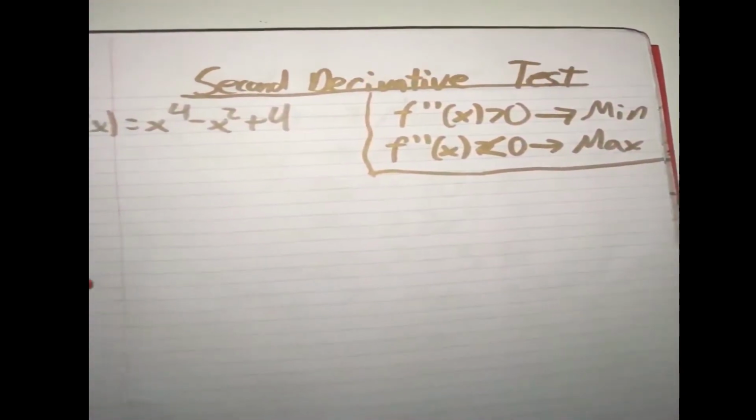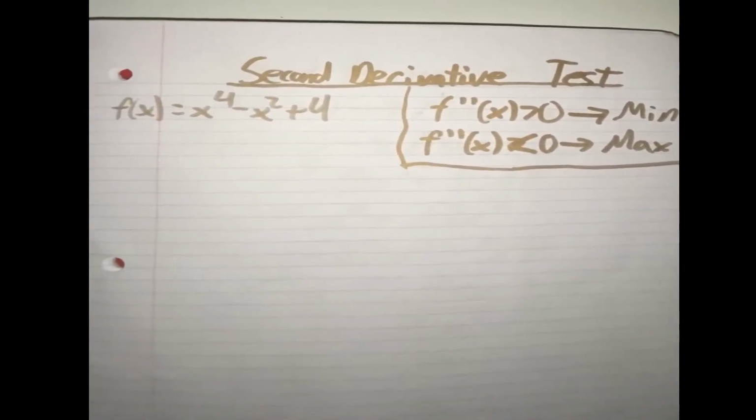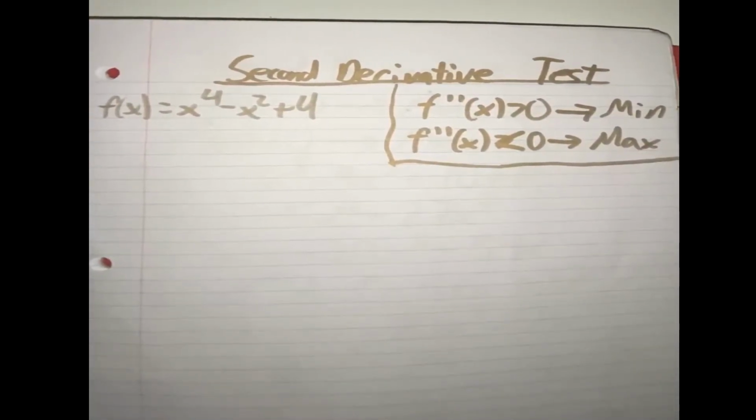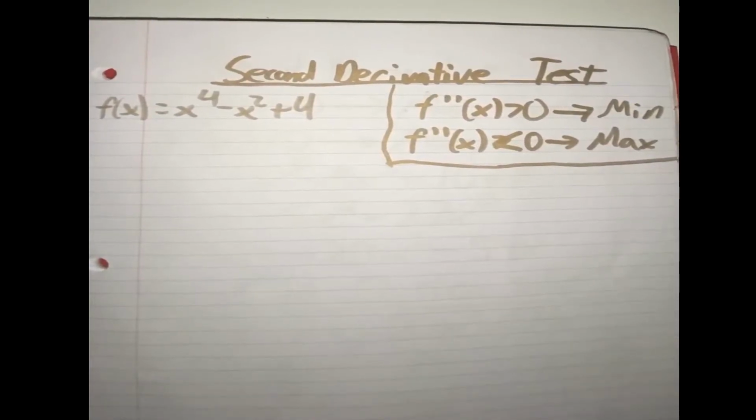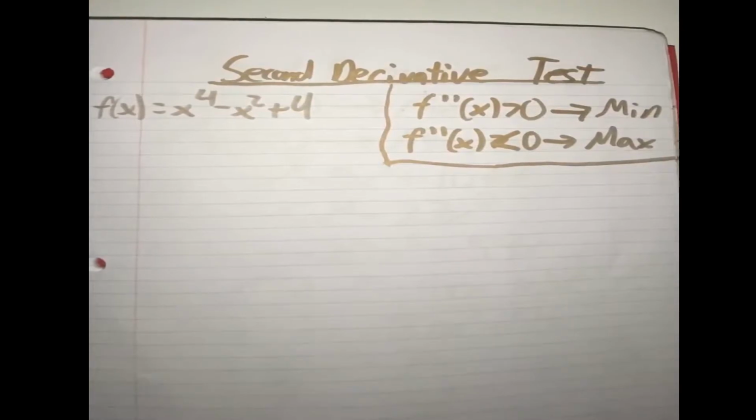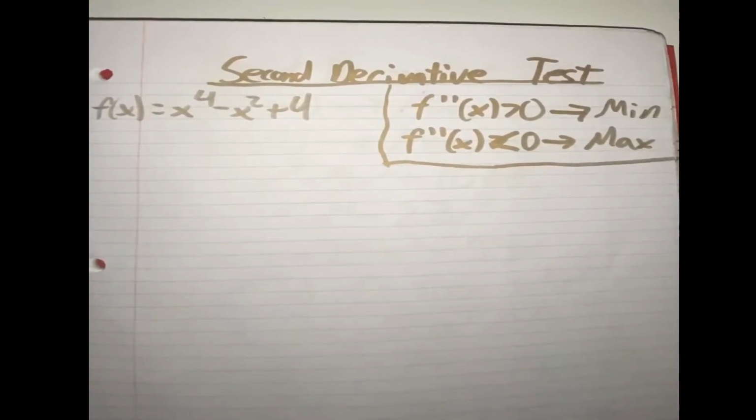Hello, guys. So in this video, in this example, we're going to go over how to apply the second derivative test. And typically we do this for optimization to see if we have a max or a min. We can do the second derivative to test our work.